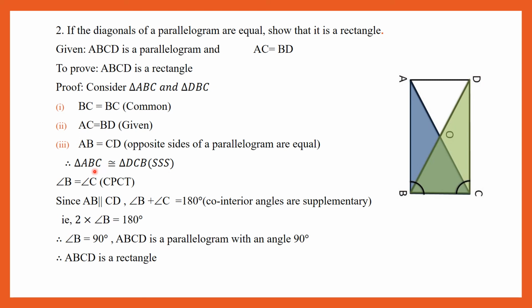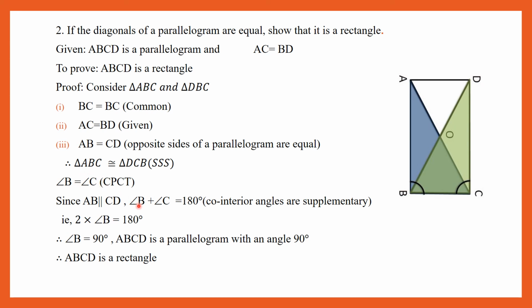From this we can write angle B is equal to angle C, CPCT. Since ABCD is a parallelogram, we can say AB is parallel to CD and angle B plus angle C is equal to 180 degrees using the condition co-interior angles are supplementary. We have angle B and angle C are equal.